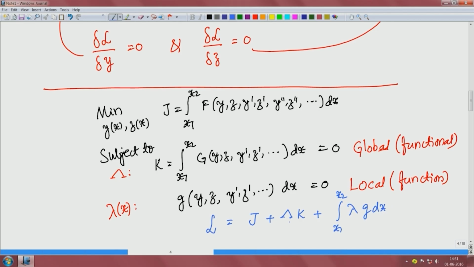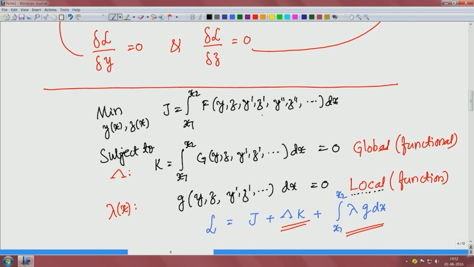That is something we should note, the difference between our global constraints and local. Local constraints have to be integrated because they are pointwise constraints, at different points. Once we have this Lagrangian, we can directly write Lagrange equations for it, and we can write boundary conditions, and that will take over.